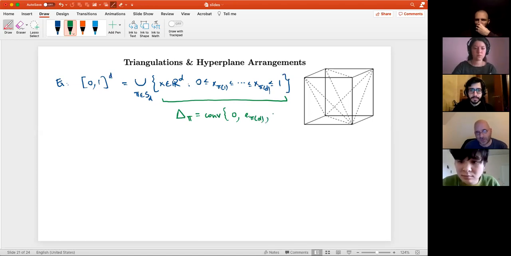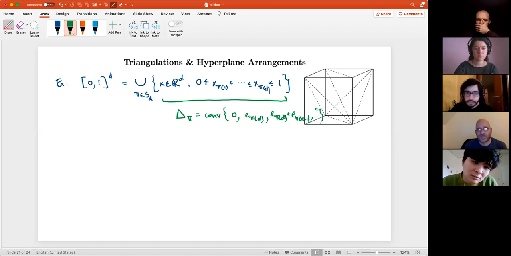And then the next one I need two 1s, so I have a 1 in the pi d minus 1 direction, and so on. So the vertices of the simplex look like an upper triangular matrix where you shuffled your rows around a little bit.